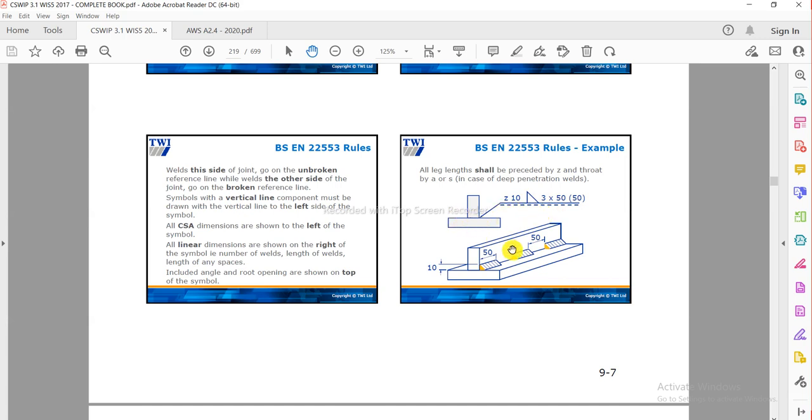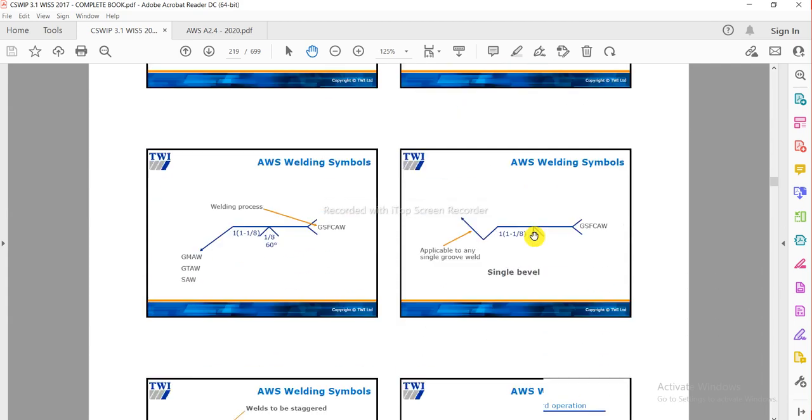Is it clear? Z10 means leg length, 3 is the number of welds, 50 is the length of the welds, and again 50 is the adjacent gap between two weld elements. BS EN 22553 rules state this, and it is just the opposite in AWS A2.4 rules.